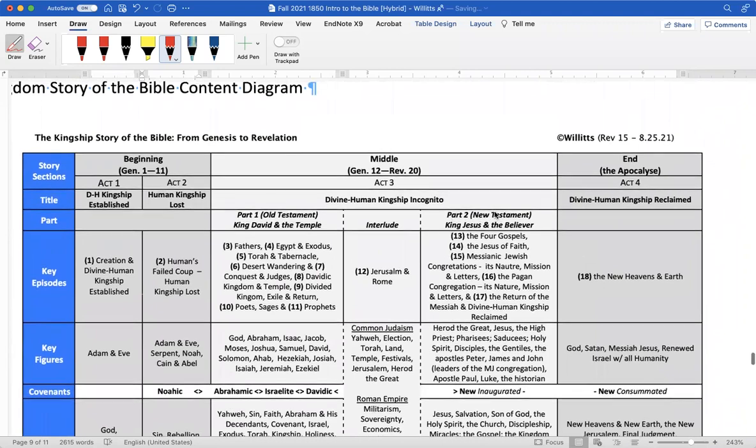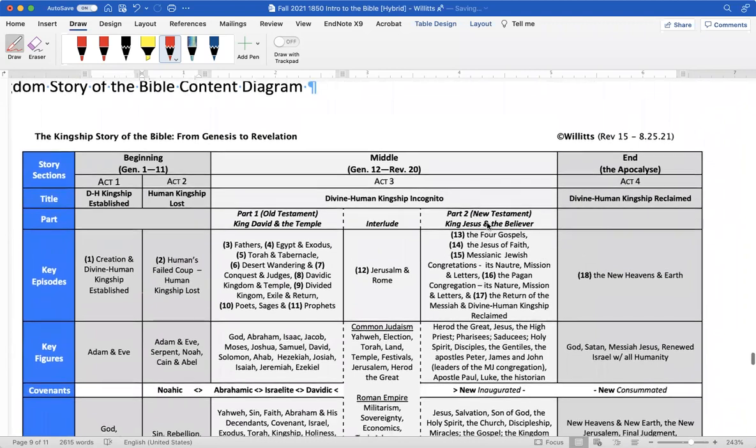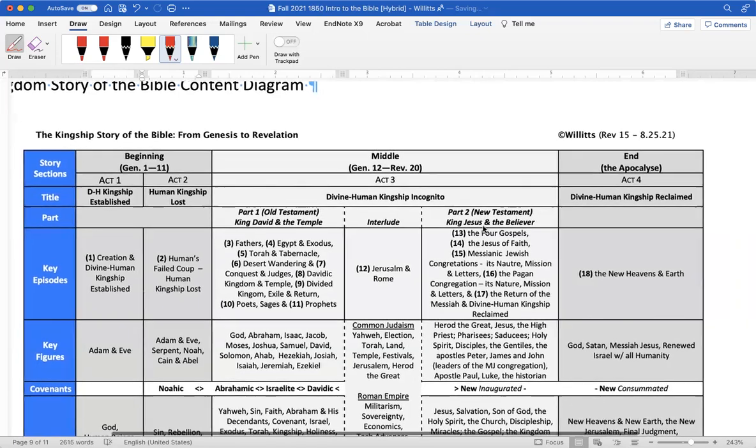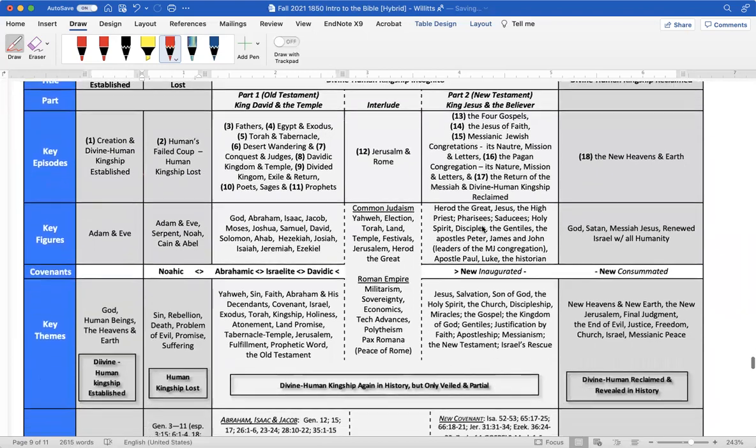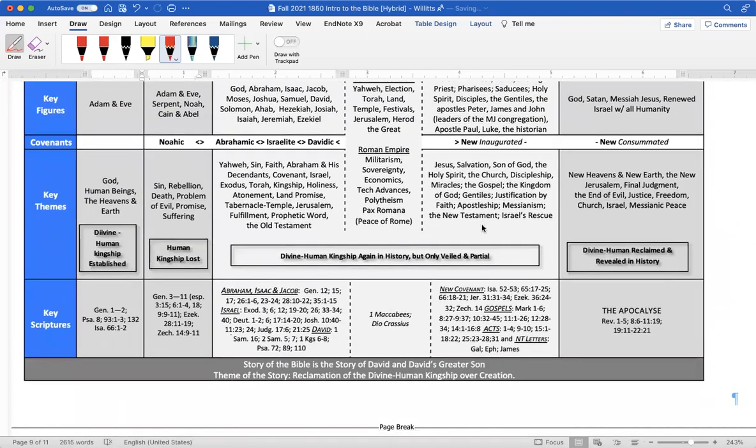And in the New Testament, here in part 2, you have King Jesus, Jesus of Nazareth, as the key figure. King David and David's greater descendant, Jesus of Nazareth. The story of the Bible is the story of these relatives in God's project of reclamation of kingship.